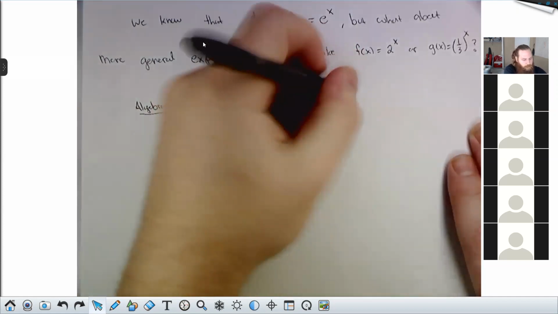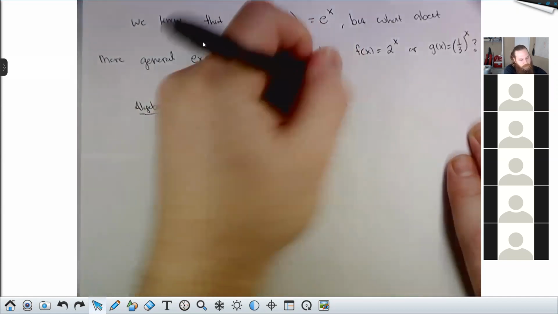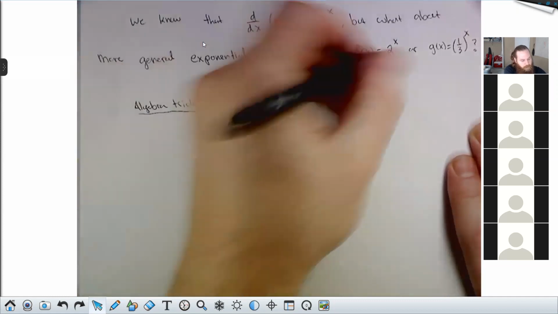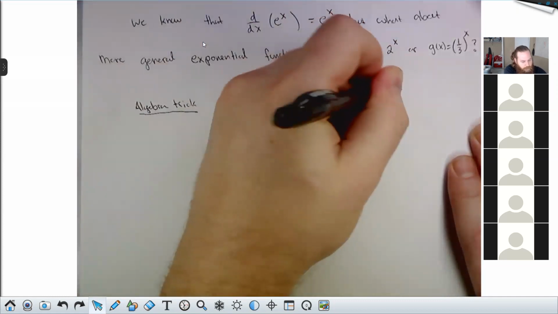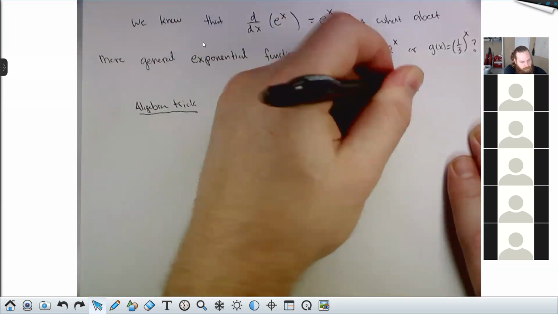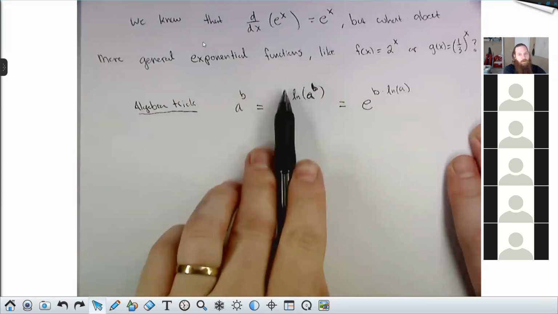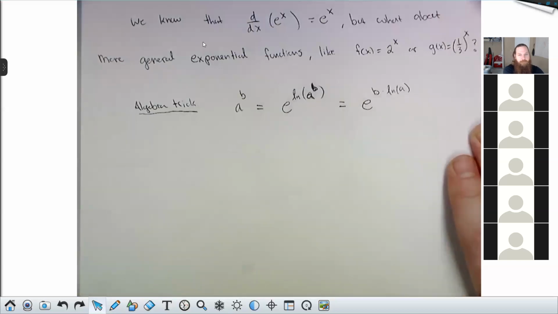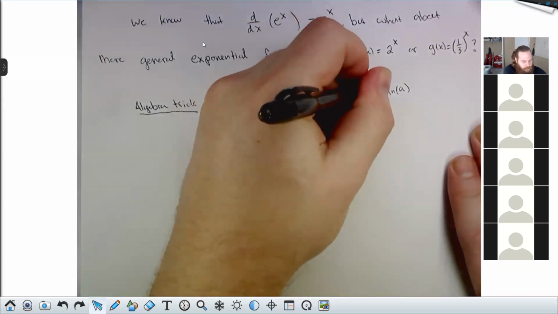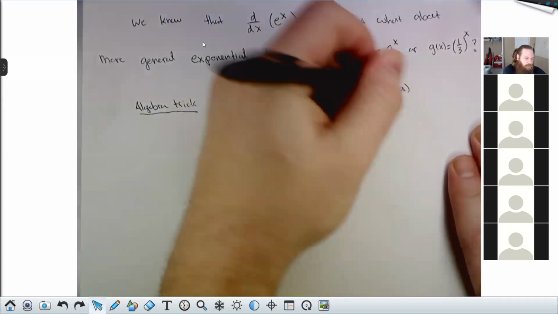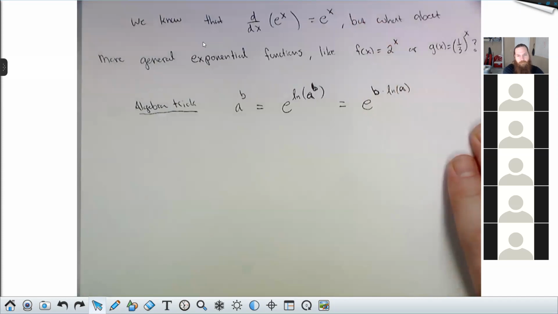But now you can use your rules for logarithms to say, well, this is really e to the b times the ln of a, right? A log of a power. That power can come down as a multiple. This is kind of an odd trick, but it's useful. It's useful here, and it's useful in some other surprising places too.